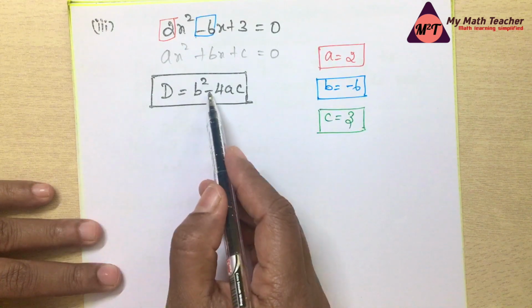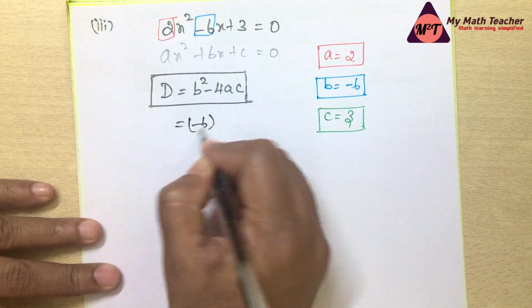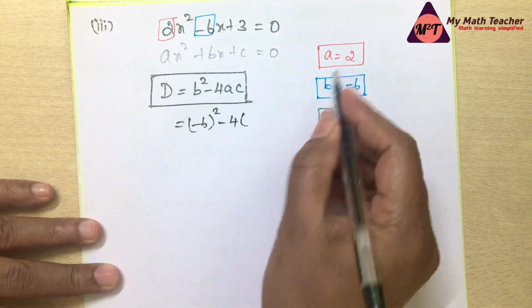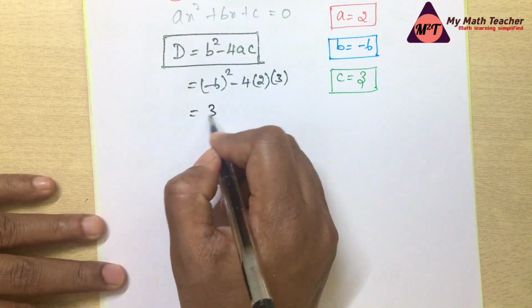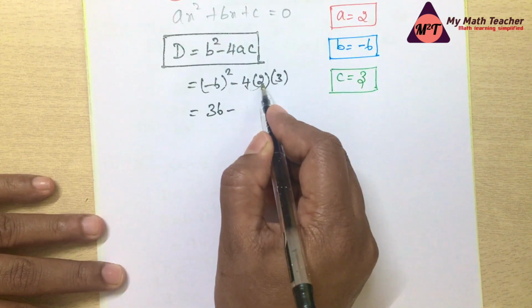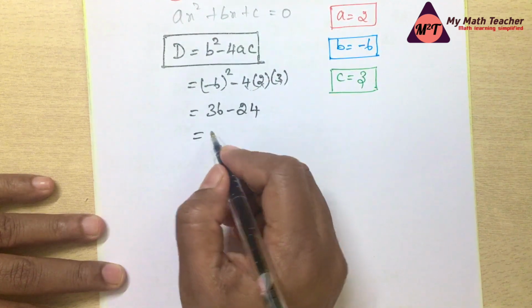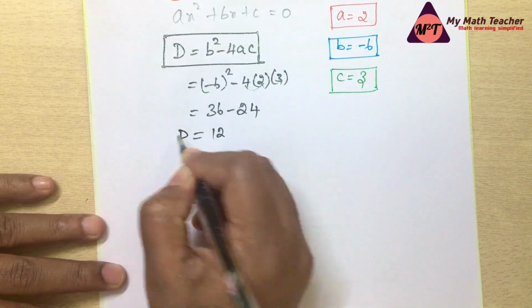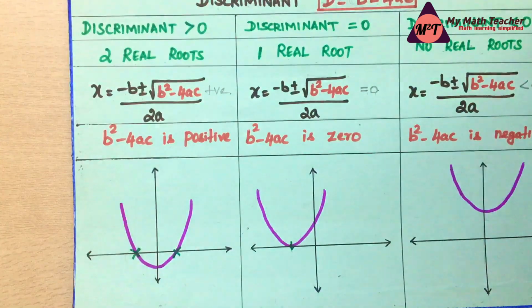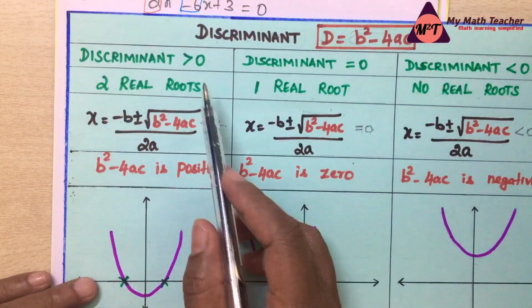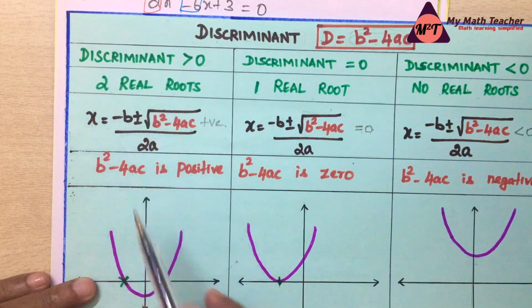Discriminant is equal to b square minus 4ac, which is minus 6 square minus 4 into a is 2 into c is 3. 6 square is 36 minus 4 2s are 8, 8 3s are 24, which is 36 minus 24 gives us 12. D value is equal to 12, which is greater than 0. This is the first option: if discriminant is greater than 0, then there will be 2 real roots.